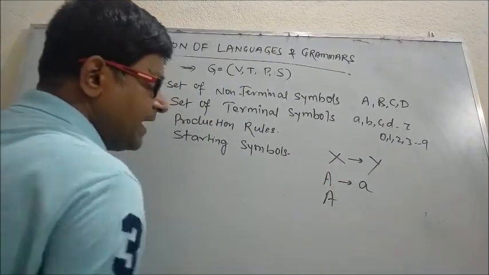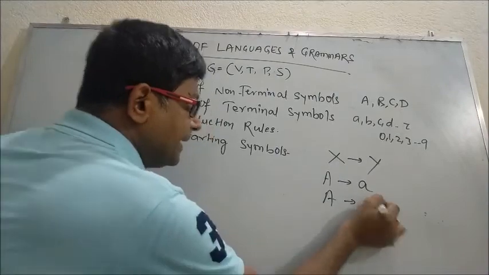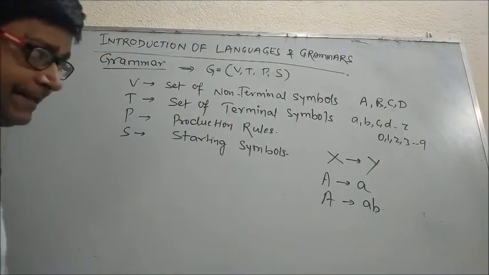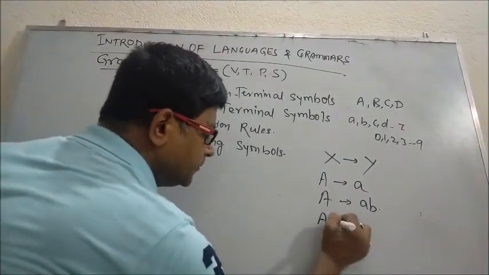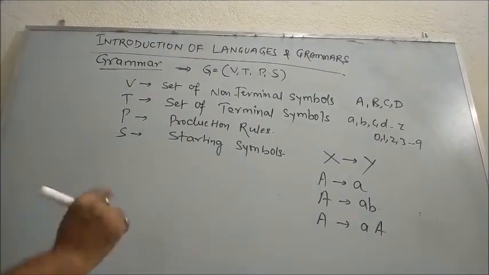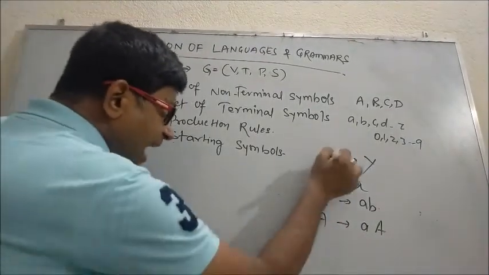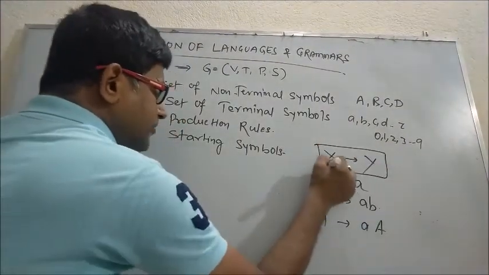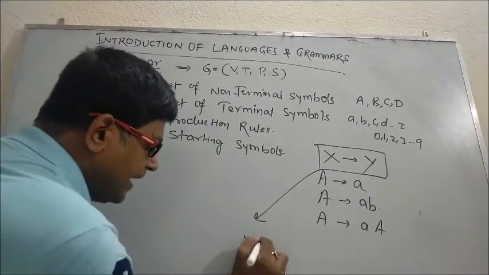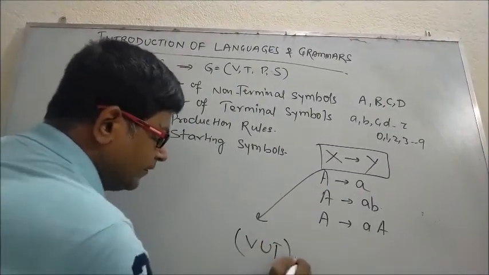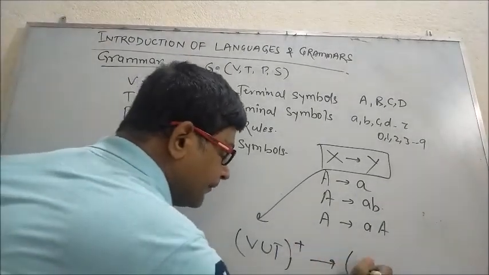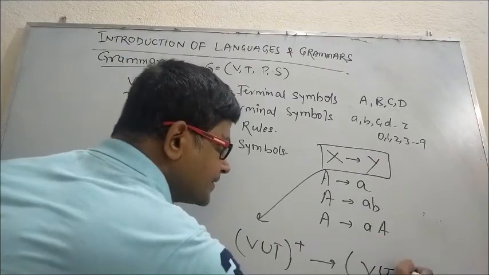So next example, A tends to AB. So in terms of A, we can write AB. We can also use A tends to A, right? So what does it mean? Whenever I am talking about x tends to y, x is the combination of (V union T) plus, which derives (V union T) star.